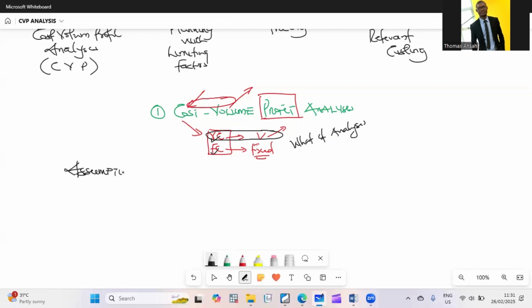Let's go with some assumptions of CVP. The first one you must understand is that costs are categorized into fixed costs and variable costs.